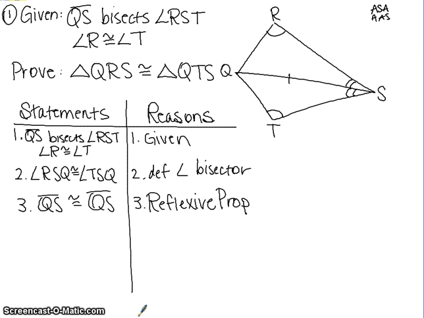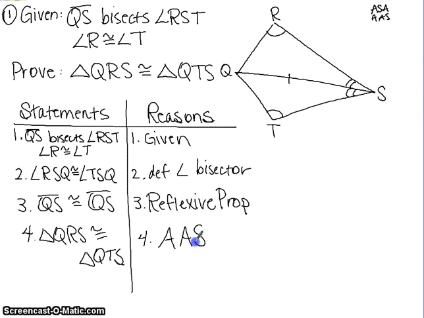So now, look what we just did. AAS. So our triangle QRS is congruent to triangle QTS by AAS.